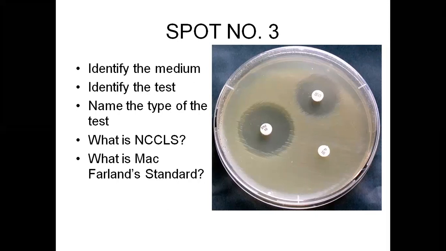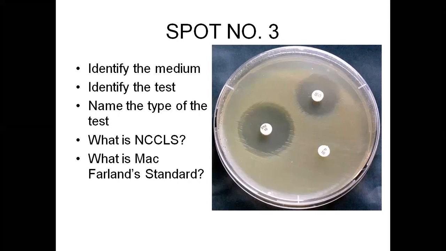and that may give a false positive or a false negative result. So a standard is that we are going to dissolve barium chloride in water or a distilled water, and we are going to check our colony or the haziness of the colony against that barium chloride solution, which is taken as a standard. If our colony is more hazy than that barium chloride solution, that means that we have put a larger amount of colony.